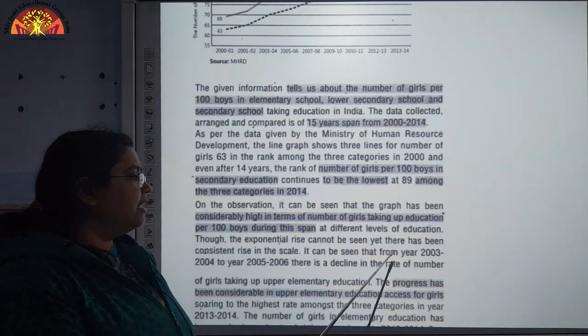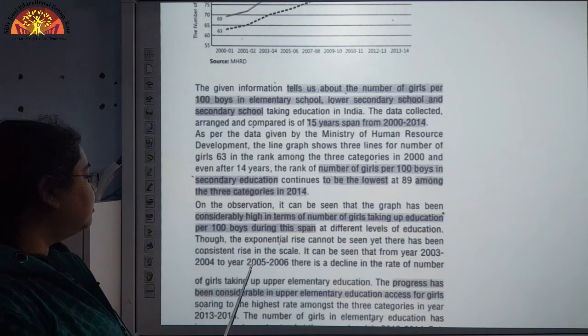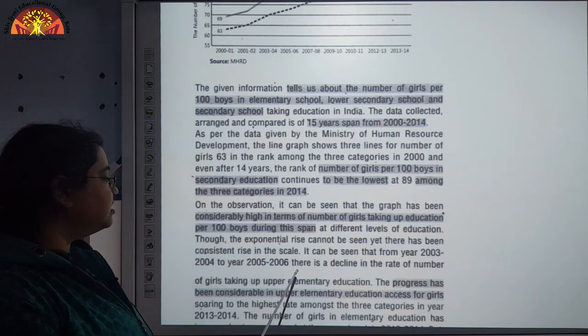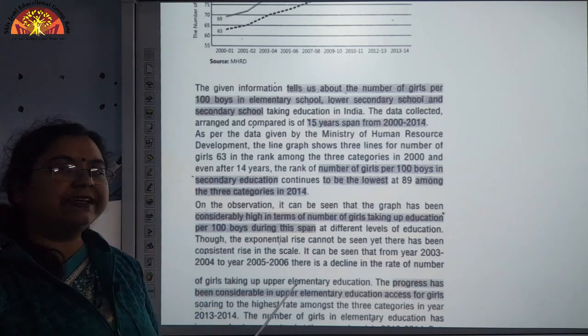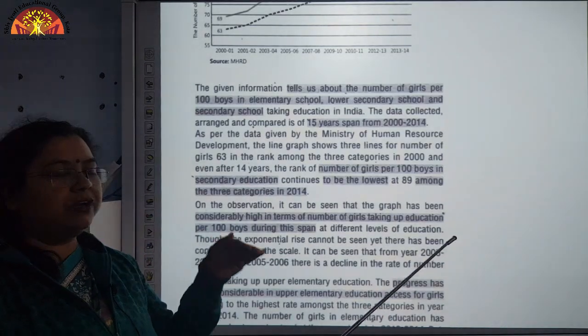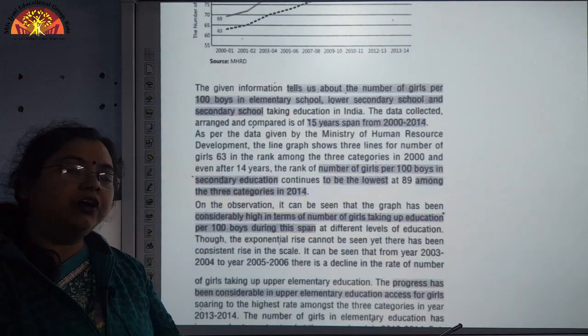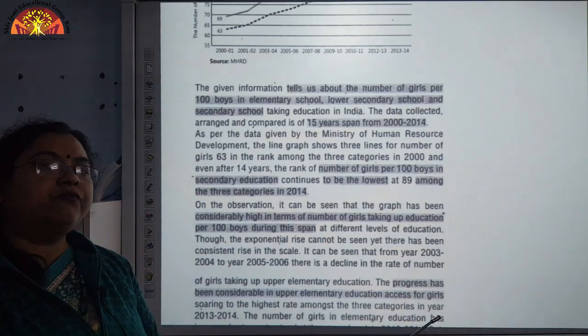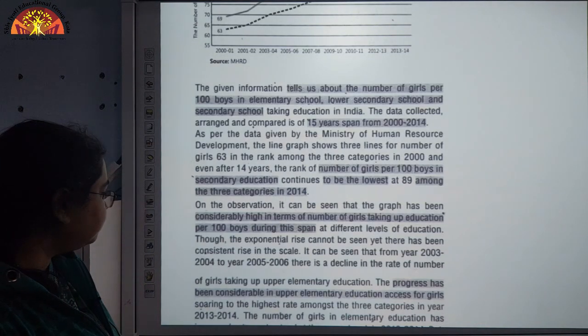It can be seen that from year 2003-04 to year 2005-06, there is a decline in the rate. So, this is an exceptional aspect, and you are discussing the trend that there was a fall in the number of girls being educated in these 2 years. Okay.